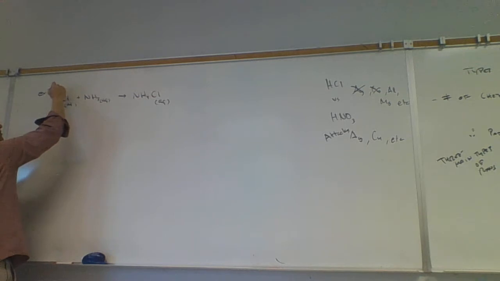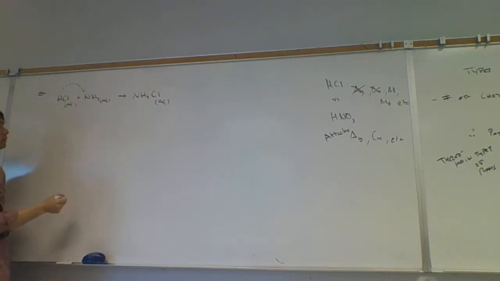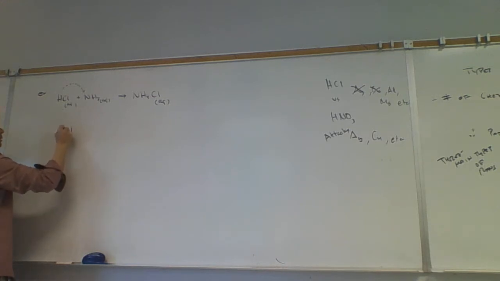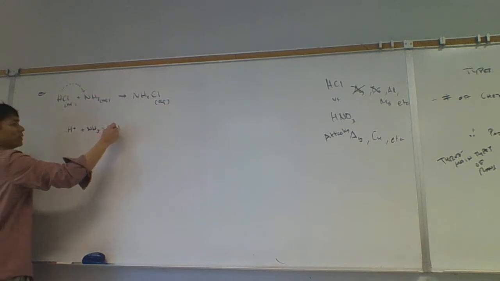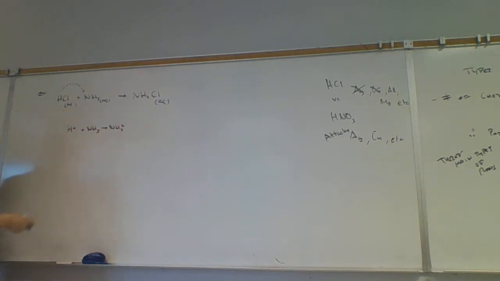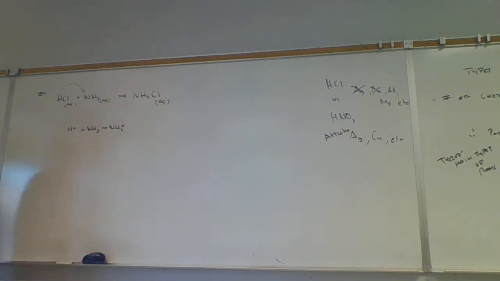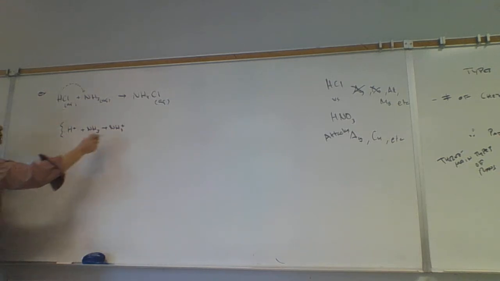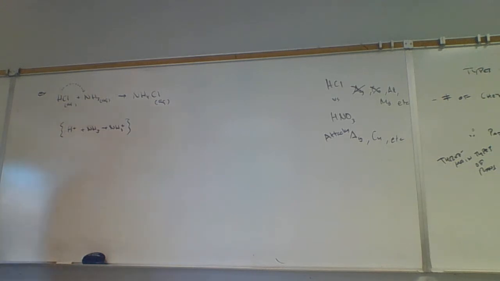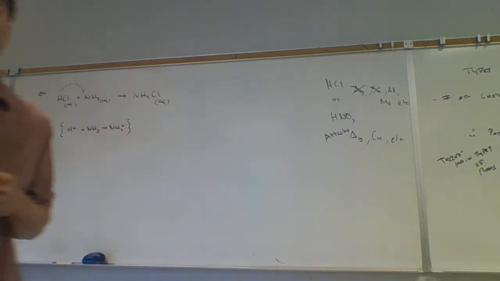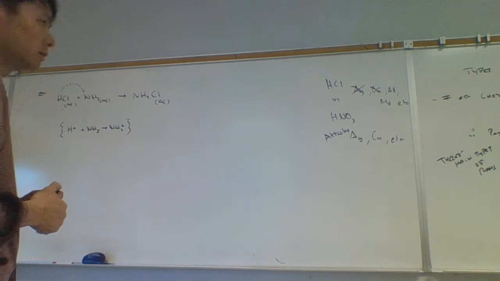The H+ attaches to the NH3 to form NH4+. Nothing happens to the chloride, so it's still around, and we end up with ammonium chloride. That's an example of an acid-base reaction.